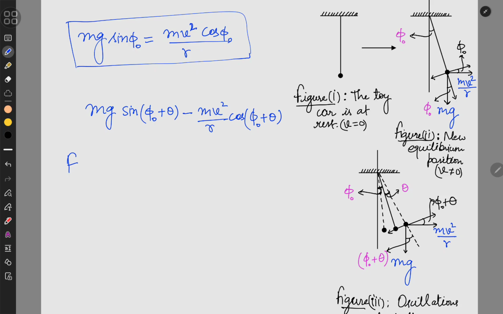This is the net force acting, so this F will be mg sine phi naught plus theta minus mb squared upon r cosine phi naught plus theta.